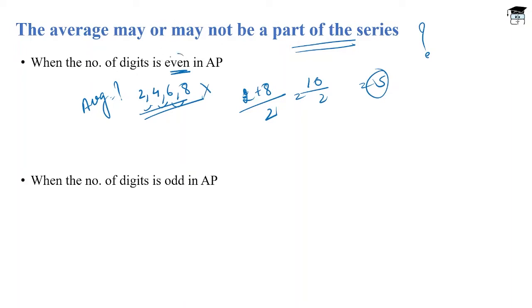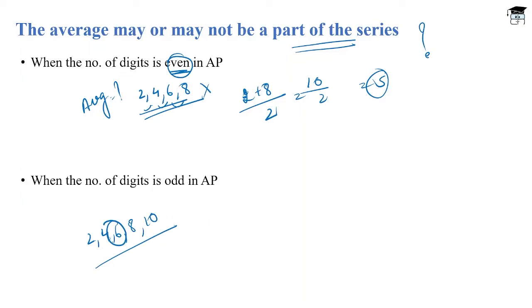So in case of even numbers, the average is not a part of the series. But when the number of digits is odd in AP, let's say 2, 4, 6, 8, 10, now the middle term is the average. The number of digits is 5, that is odd.